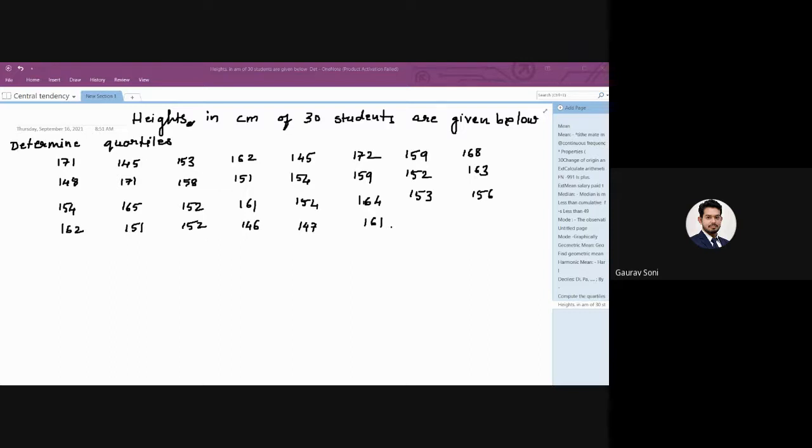First task, arranging in increasing or decreasing order.